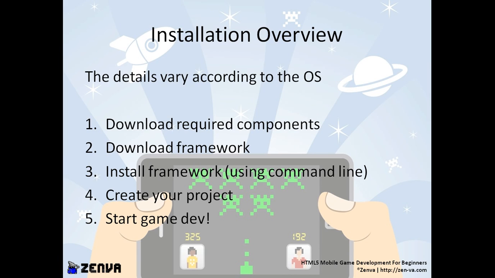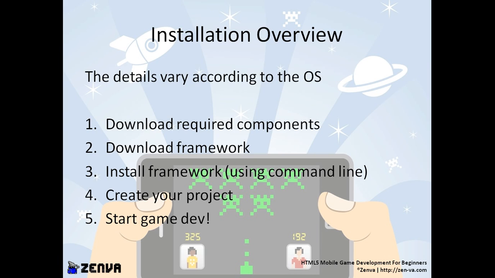Now, the installation process varies according to the operating system. So I've split the next lesson in 3 different presentations. One is for Ubuntu users, one is for Mac users, and the other one is for Windows users. After that, I'll be just using Ubuntu, but it's going to be basically the same. The installation is just a bit different, and I think that everyone deserves a chance to learn and to get it installed properly.